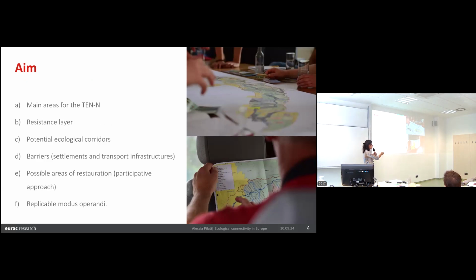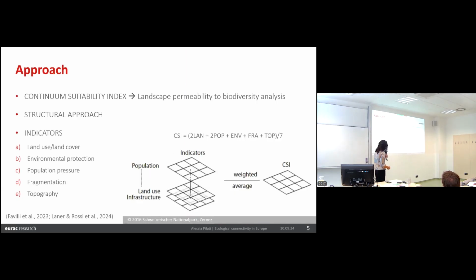From this macro-regional scale, we then passed to a more local scale, trying to find specific areas of restoration through a participative approach, and trying to do that using a replicable modus operandi. So the approach is very similar to the one described by my colleague, Peter Lana.